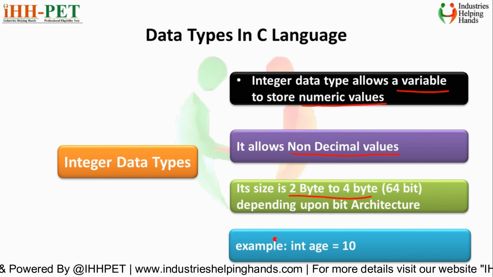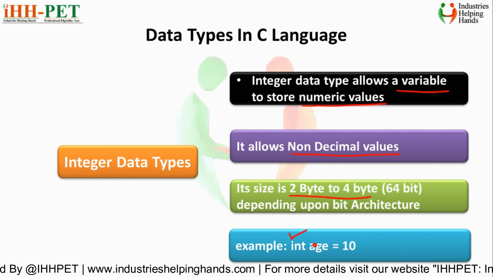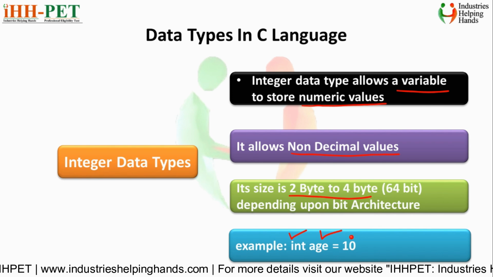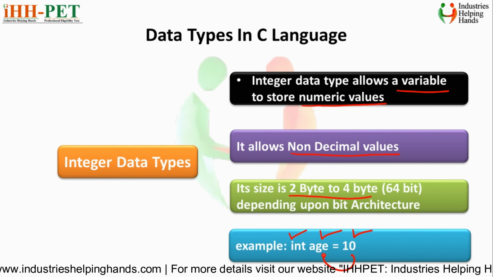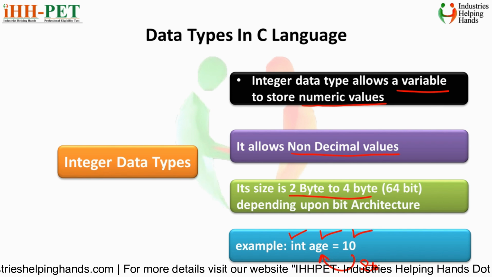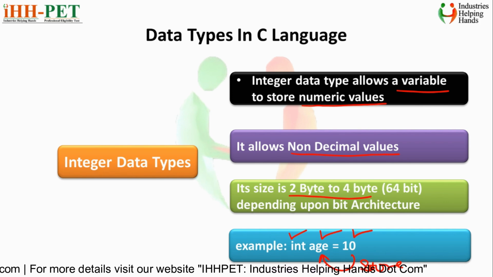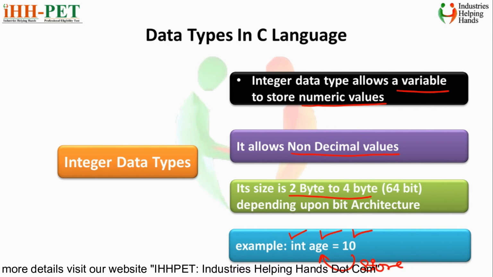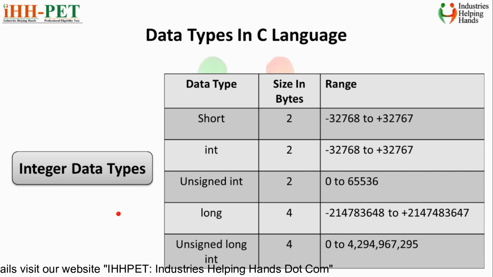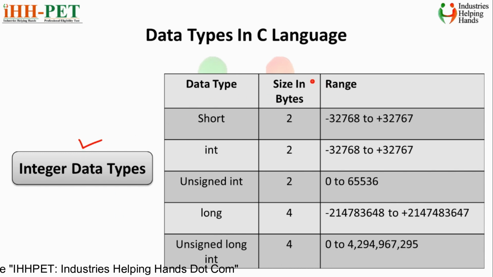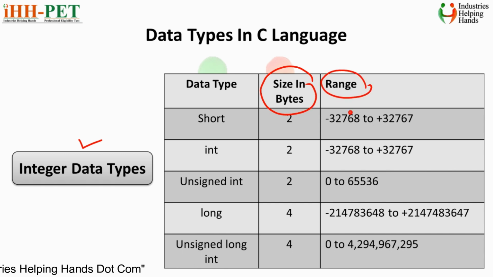You can see here an example for integer. Integer is a data type, age is the variable name, and 10 is a value which will be stored in age. In this slide we are discussing the integer data type, its size in bytes, and also the range of the integer data type.